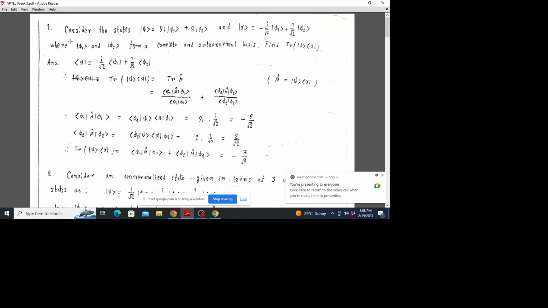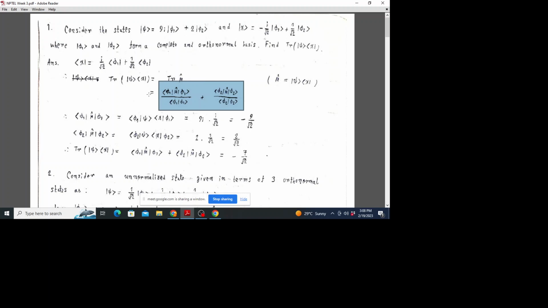since phi 1 and phi 2 form a complete and orthonormal basis, you know the formula for trace in such a basis, right? This is the trace formula. How to find trace?